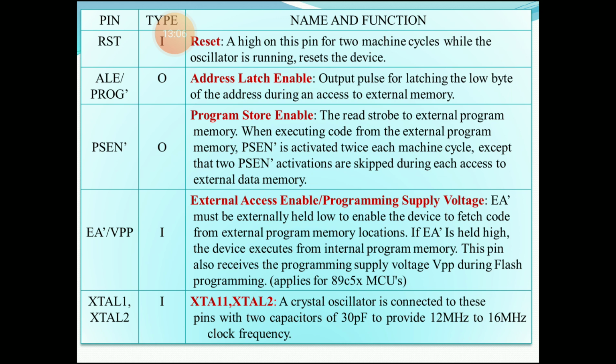If this pin is connected to logic low, the controller can access the external program memory or data memory. And if this pin is connected to plus 12 volts, the program can be stored by applying plus 12 volts to the memory. The two clock input pins have a crystal oscillator connected to them with capacitors of 30 picofarad to provide 12 MHz clock frequency to the controller.